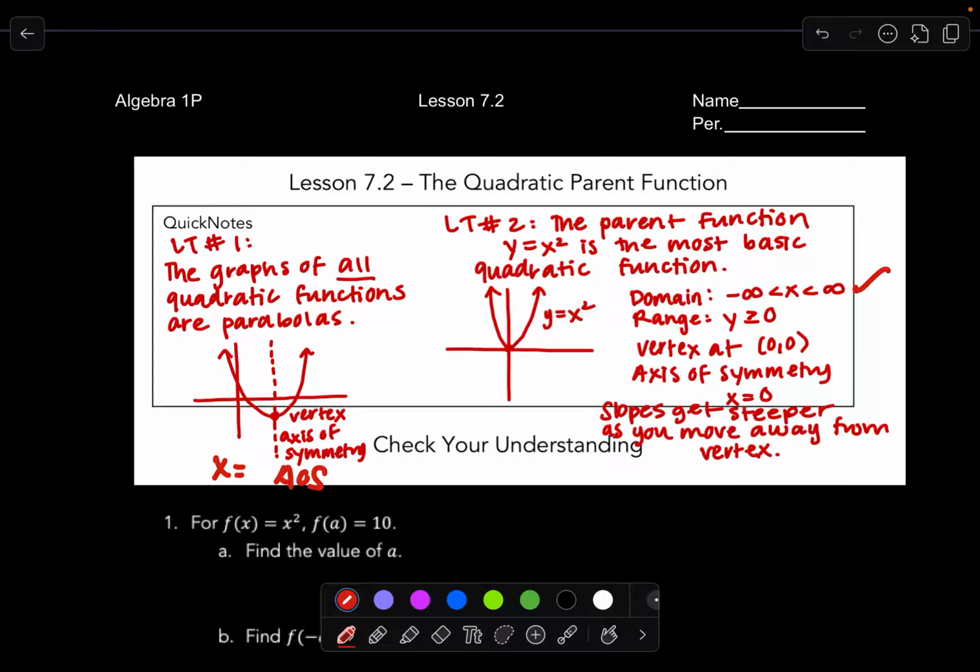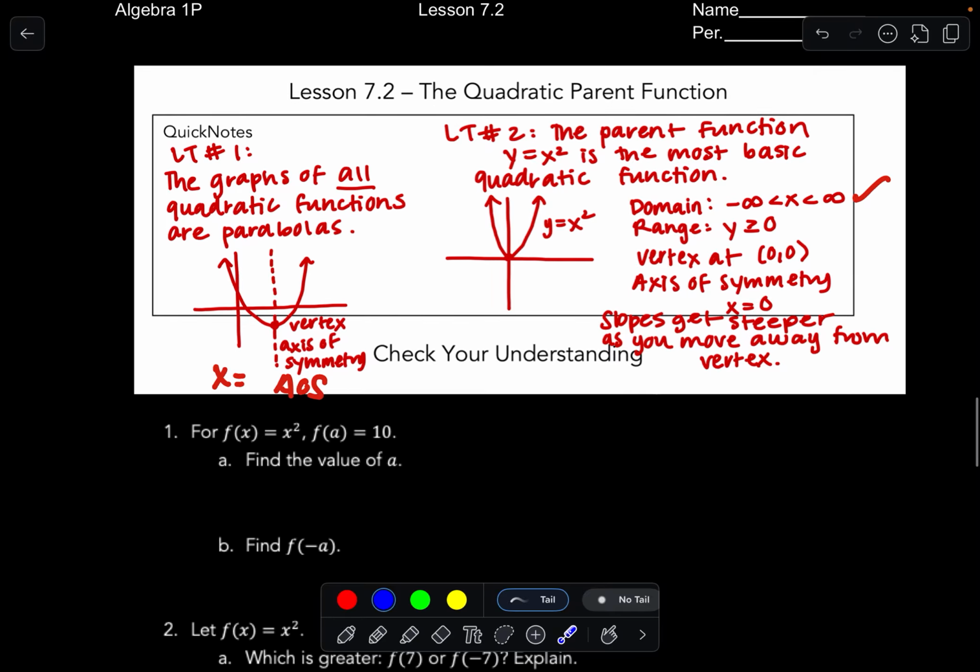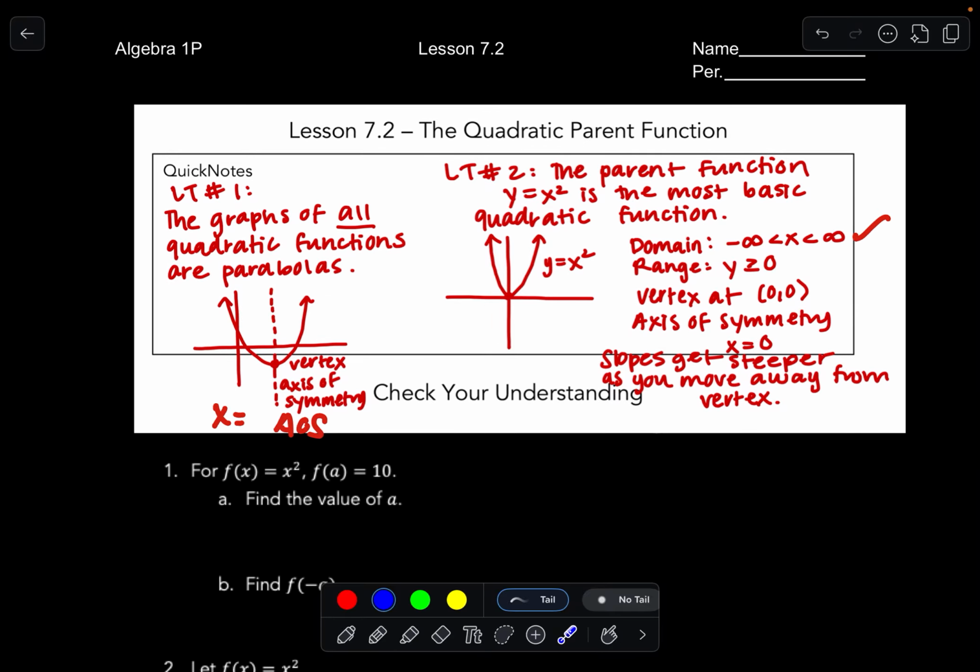What you should notice is that the slope gets steeper as you move away from the vertex. As we move to the right, further and further, the slopes get steeper, and on both sides. So those are the things you should get from the basic parent graph.